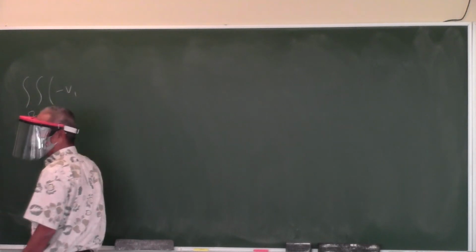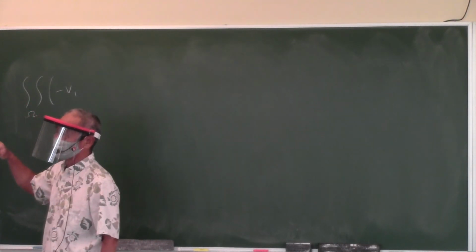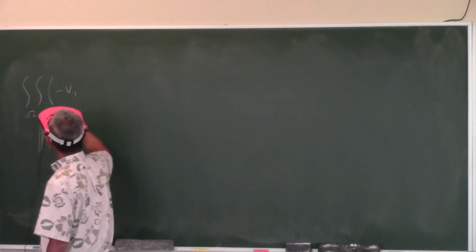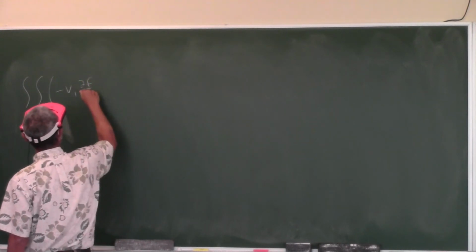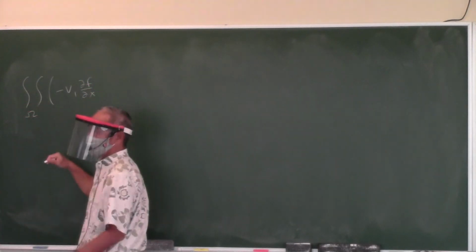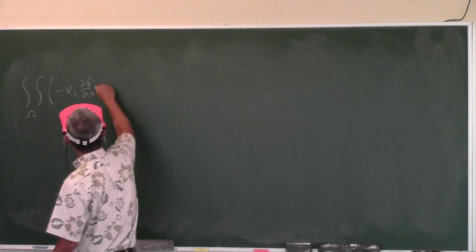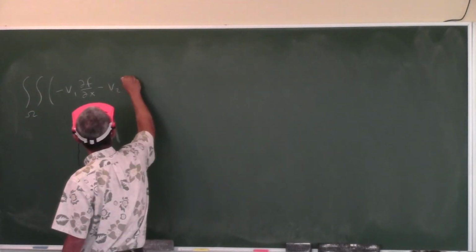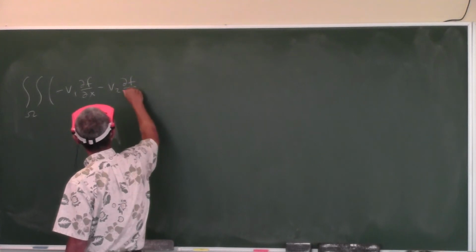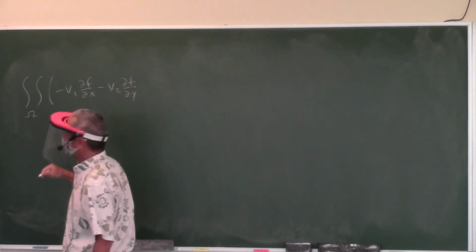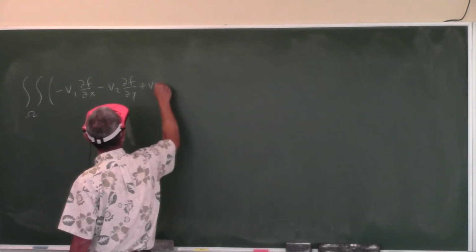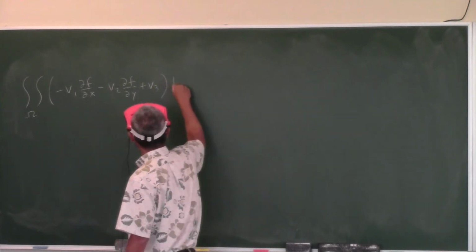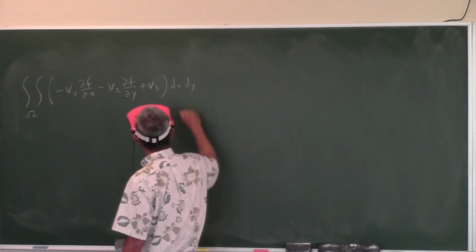Negative V1, that's the x component of the vector field, times the partial of f with respect to x, minus the y component of the vector field times the partial of f with respect to y, plus the z component of the vector field, and then you just do a double integral over omega.